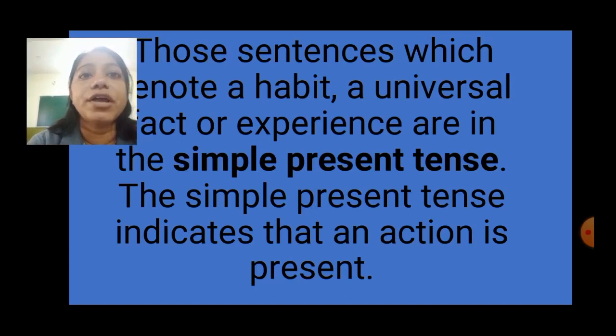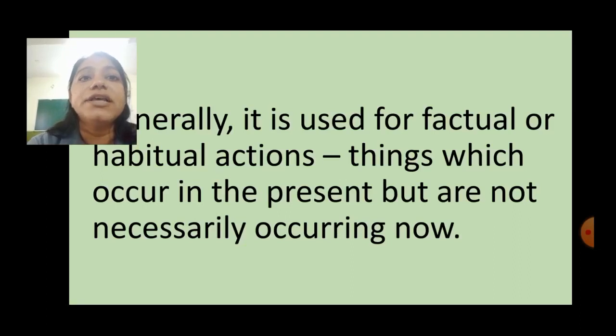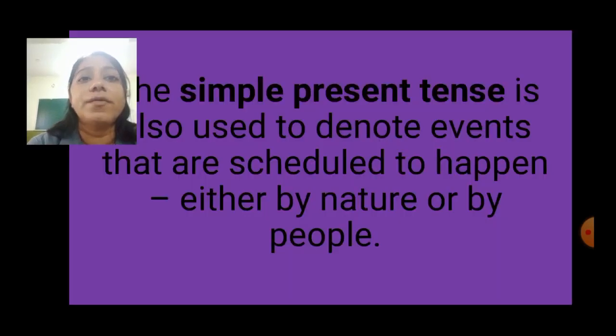Or when we are talking about our experience, what we have experienced, at that time we will use simple present tense. The simple present tense indicates that an action is present. Generally, it is used for factual or habitual action. Things which occur in the present but are not necessarily occurring now.